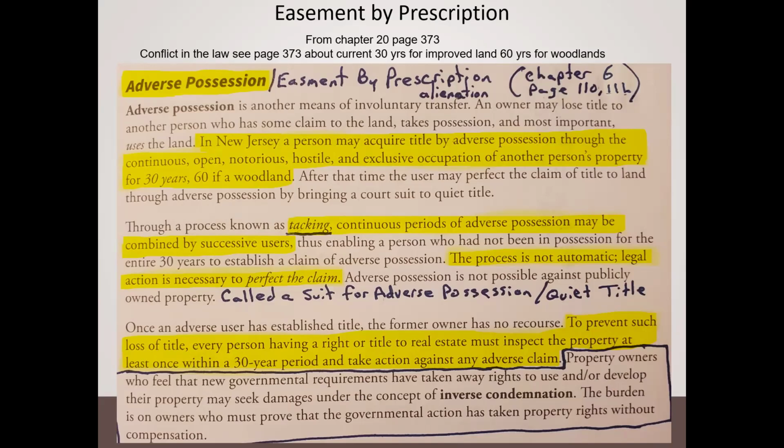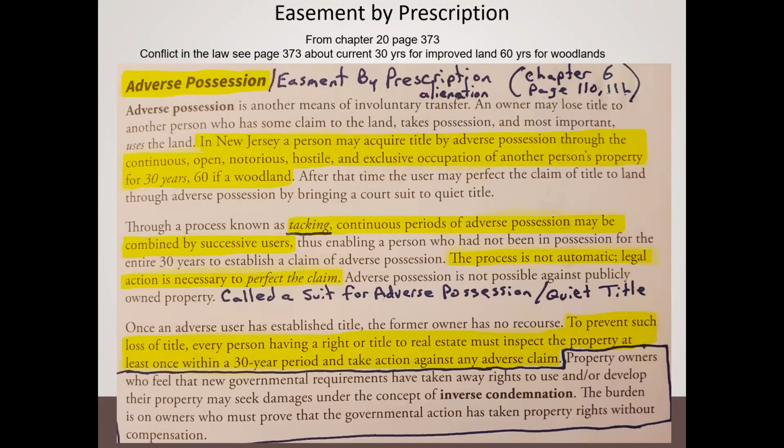So they're really rendering your property worthless, or devaluing it because of those restrictions that they keep putting on it. So that burden put on the owners by the government, that property owner can go after the government for what's known as inverse condemnation.